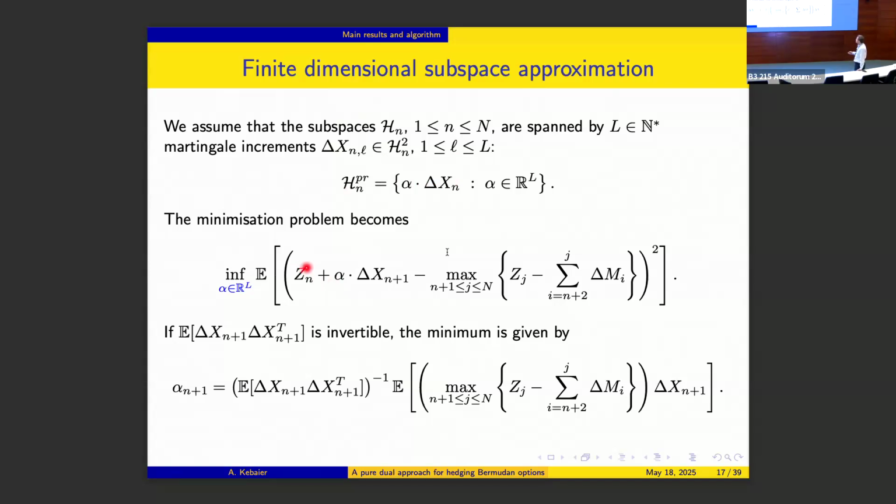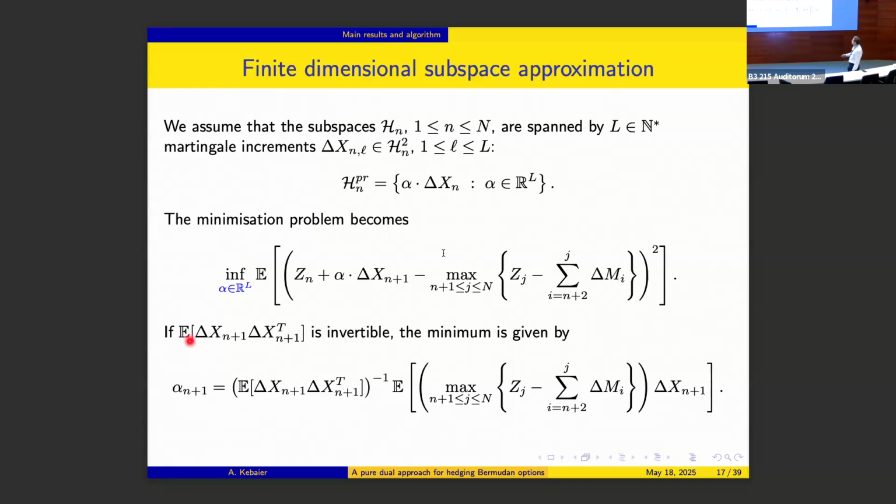Then the minimization problem becomes: you compute the infimum over alpha of Z_n plus alpha delta X_{n+1} minus this maximum. This is a sequence of optimization problems, and in each one you optimize only on this variable. The running maximum is learned from your previous steps.